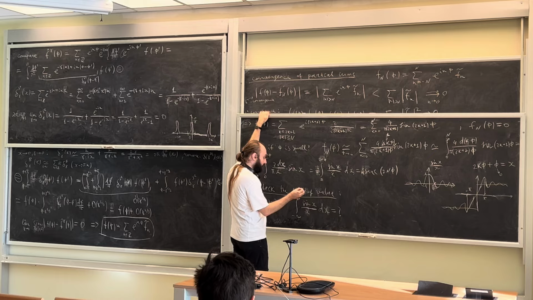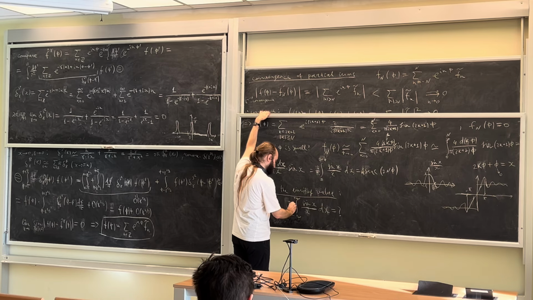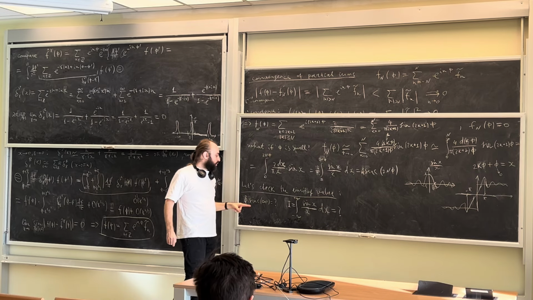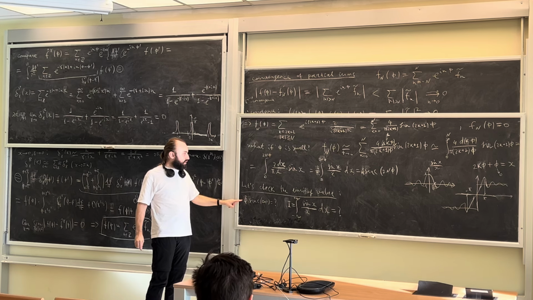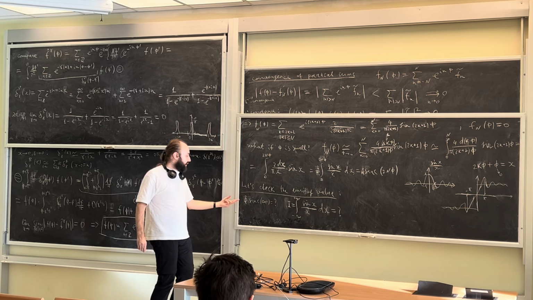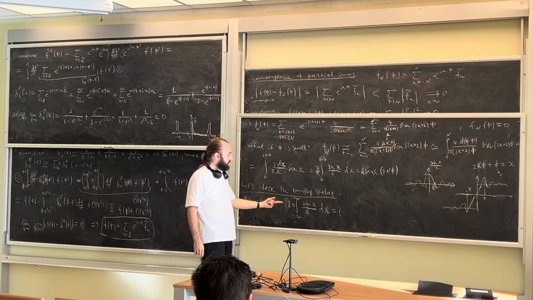Let us call it I. If you want to express this function in terms of this integral, then it is 1 over pi times the integral.